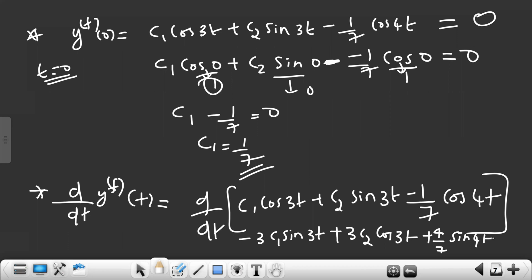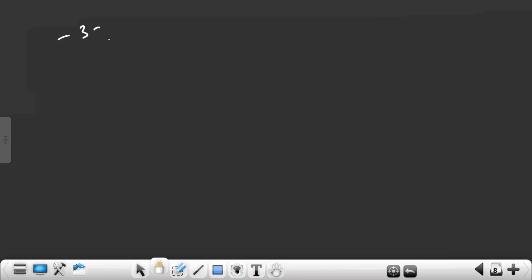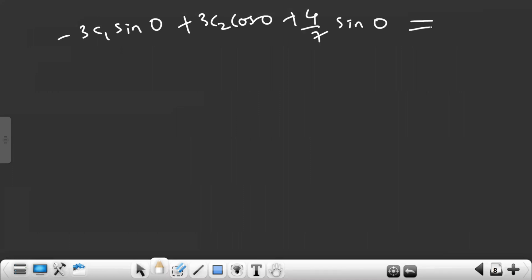In this again we will put t as 0. So all of you substitute t as 0 and find the value of C2. So minus 3C1 sin 0 plus 3C2 cos 0 plus 4 by 7 sin 0. The value is equal to 0 because the initial condition d by dt of yf of 0 can be considered as 0, because this is forced response.